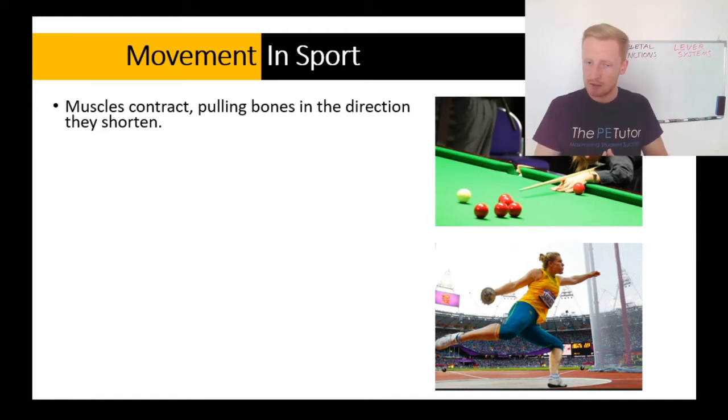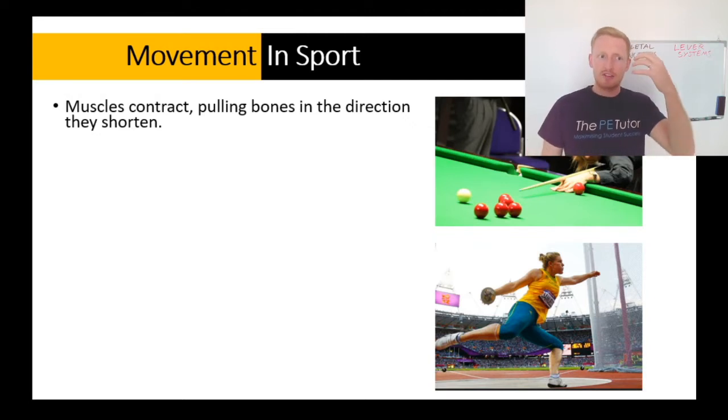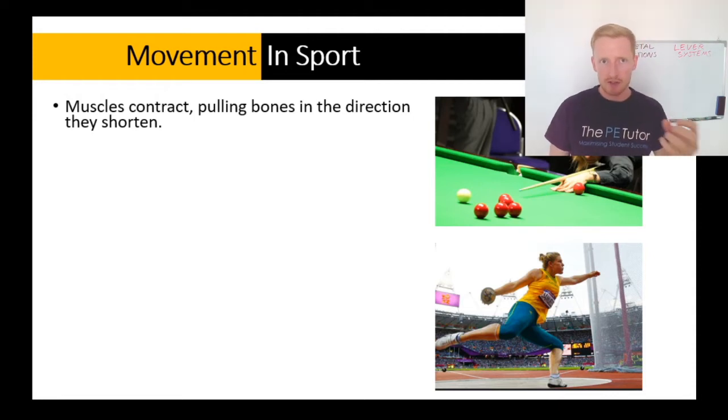Whereas discus, large-scale movements. We're producing as much force, as much momentum as we possibly can to achieve in that given sport. So the purpose of the skeleton is to allow us to move, but we almost need to train the muscles and the joints so that they can work in a way that allows us to produce the movements that we want in that sport.